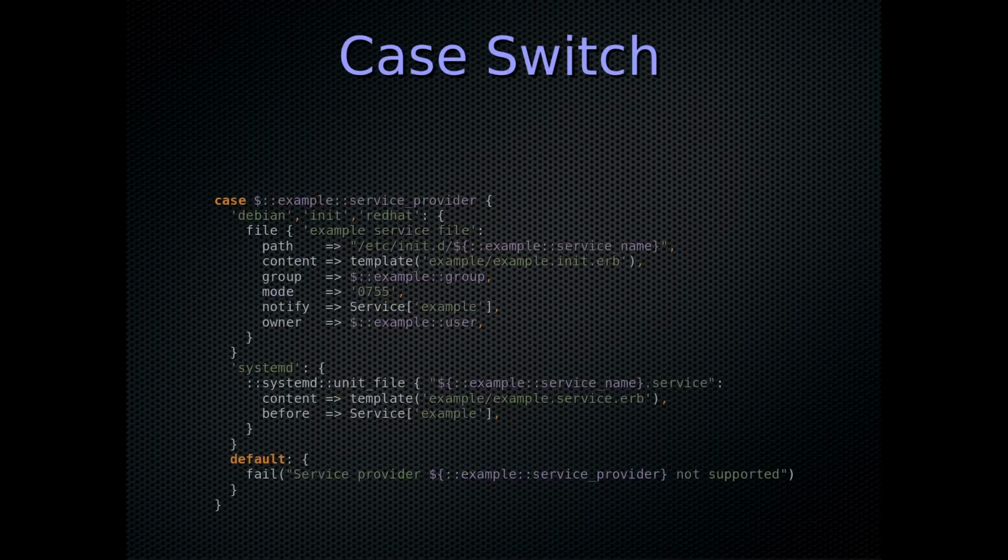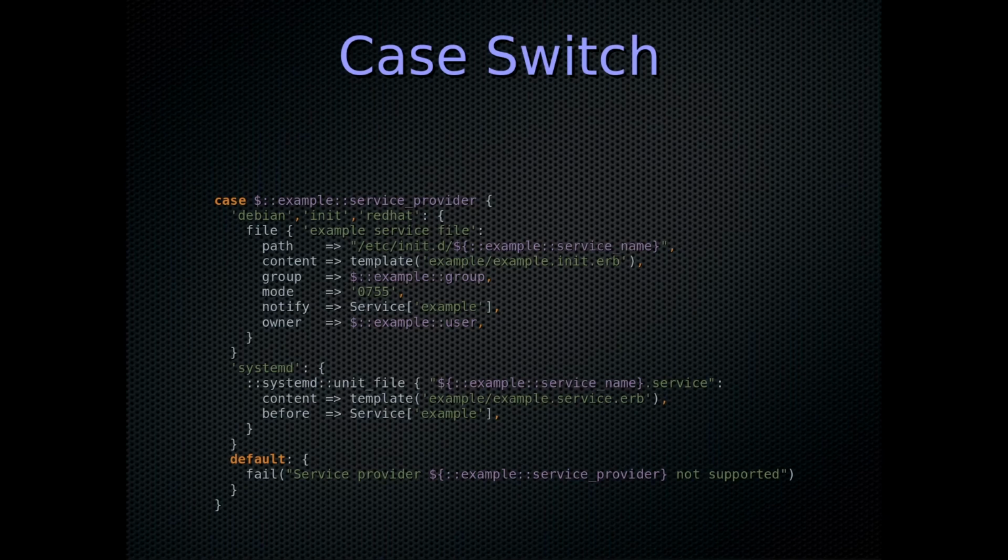The other option of feature toggles is a case switch, as I showed here, where we try to install a service on a node. The case switch will go through a list of options and then eventually will bow out gracefully by telling the engineer that the service cannot be obtained or cannot be resolved, and therefore the catalog compilation will fail.